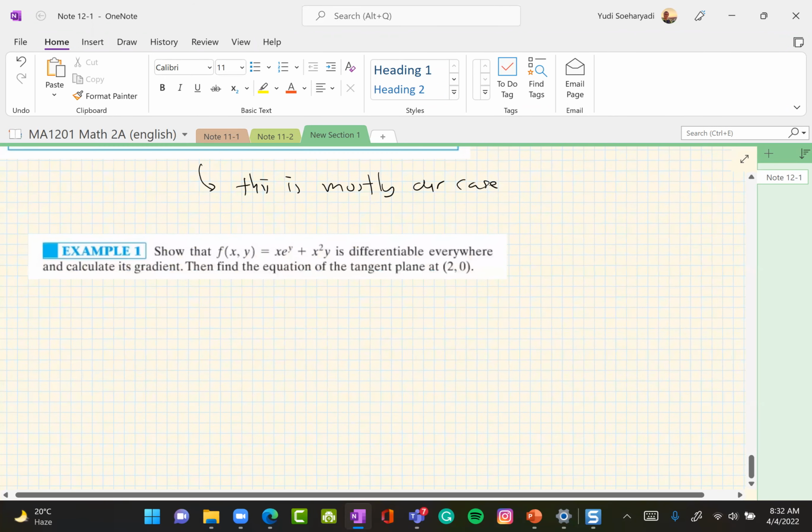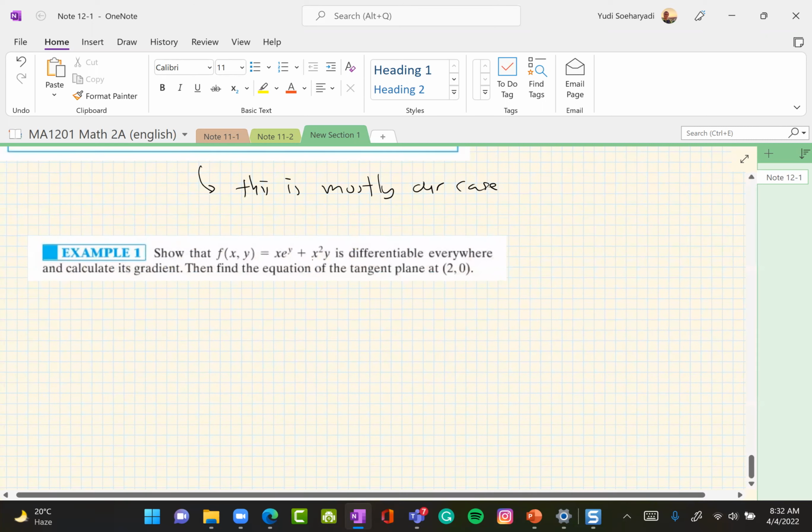Show that this function is differentiable everywhere and calculate its gradient.